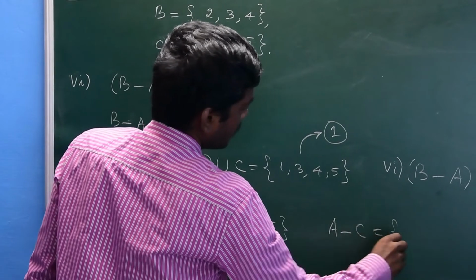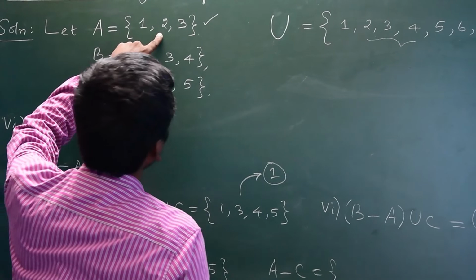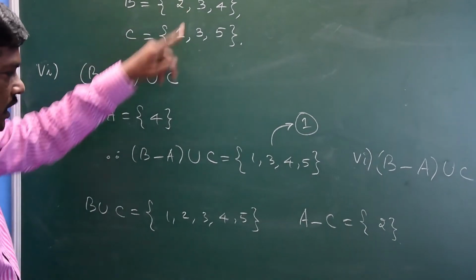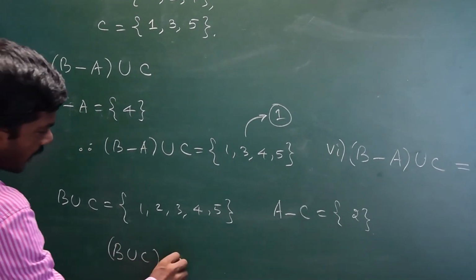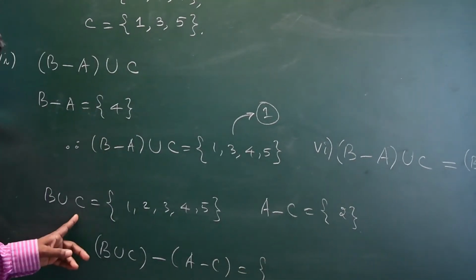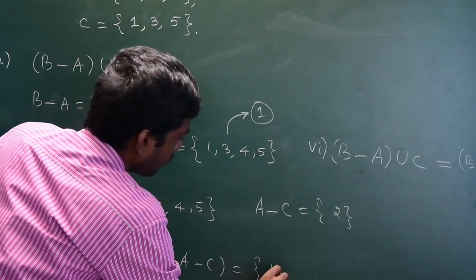A minus C is elements which are in A but not in C. It is 2. Elements which are in A but not in C. Now B union C minus A minus C. That means the elements which are in B union C but not in A minus C. This is nothing but 1 3 4 5.